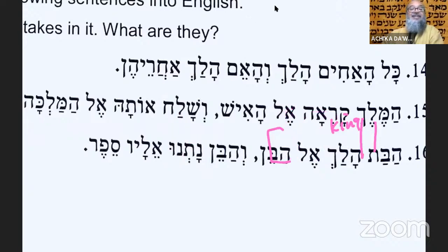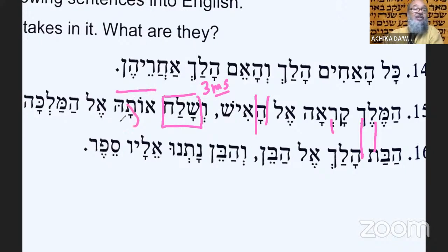It should be masculine. Yes, because the man and sent, this shalak right here, is three letters, so we know it's third person masculine singular. If it was shalaka, then we know a female was sending, but it's not. It's a male. And the otha right here is a direct object marker talking about "she sent," and it's not a she.